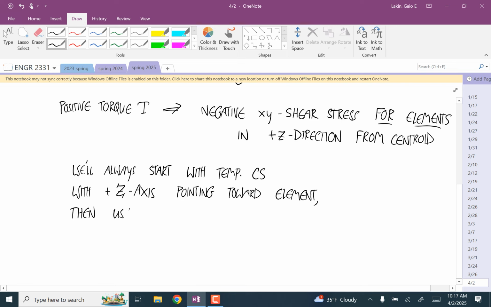And then use rotation matrices. Okay, so get ready for that.